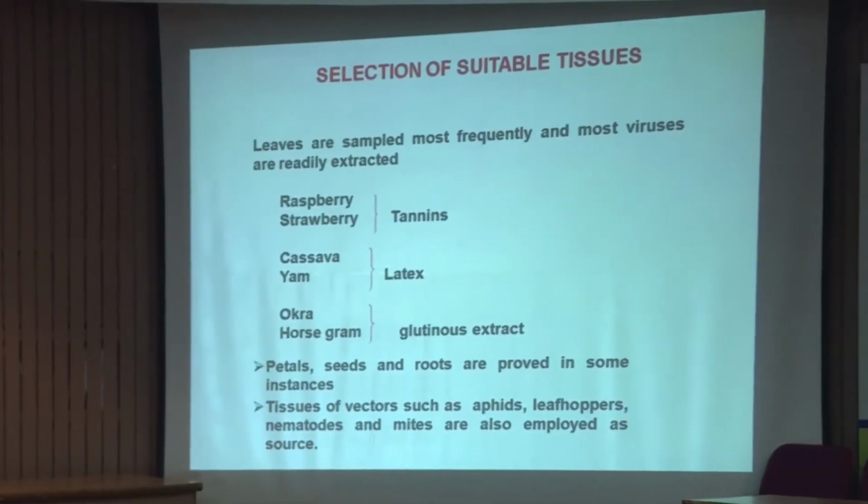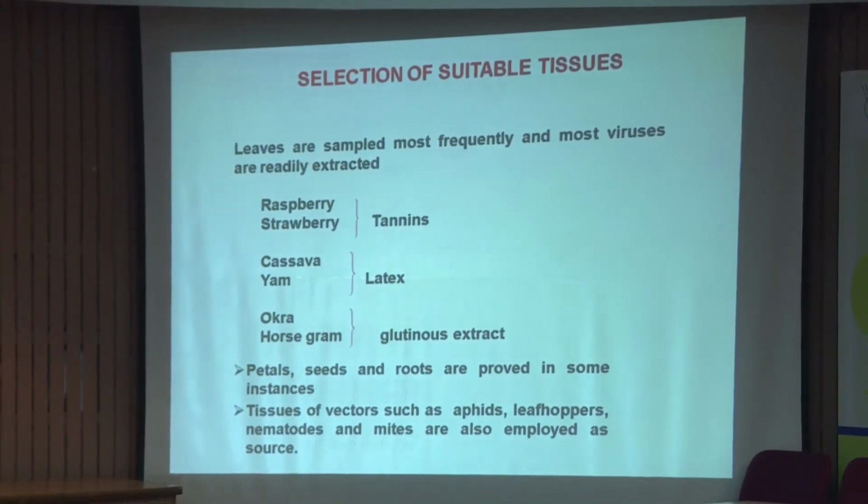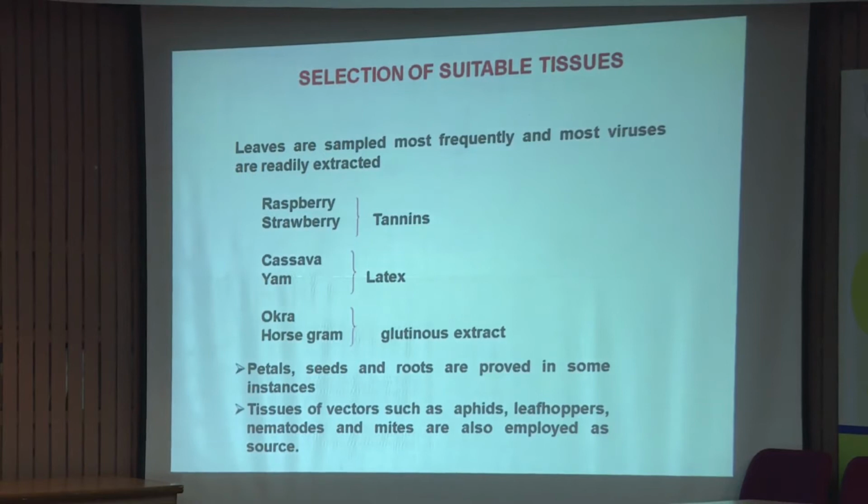As I was discussing about the different means, leaf tissue by and large is what we select for preparation of the sample. So leaves are the most common samples used for electron microscopy.